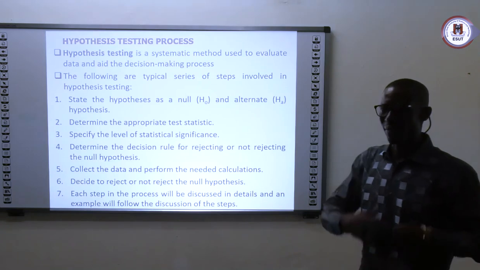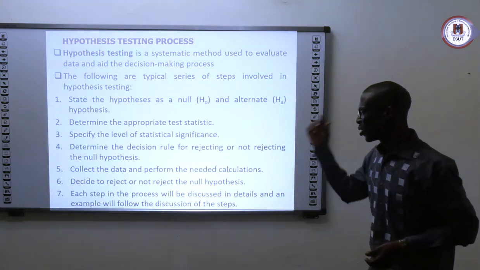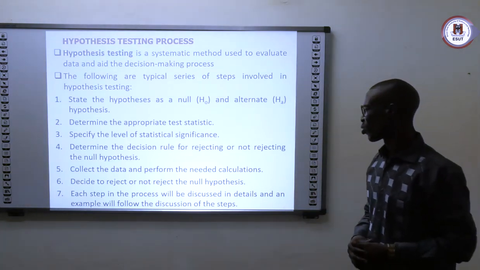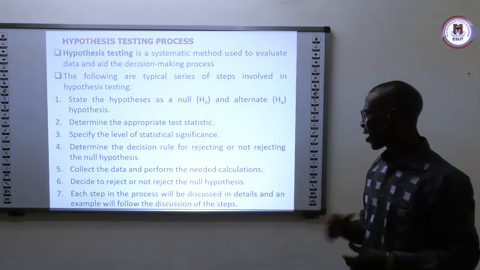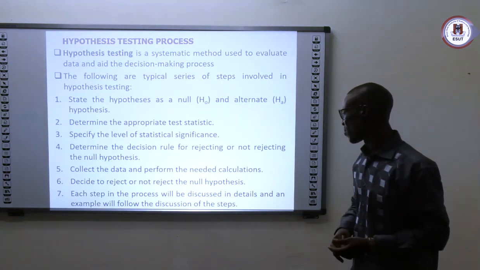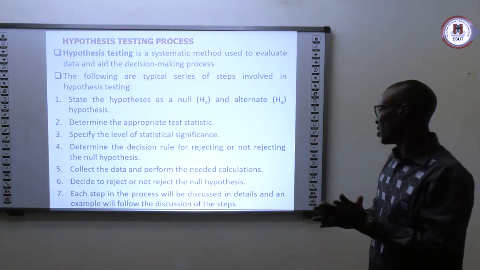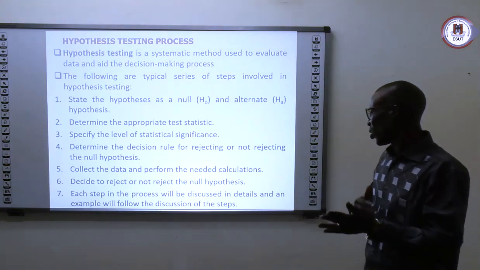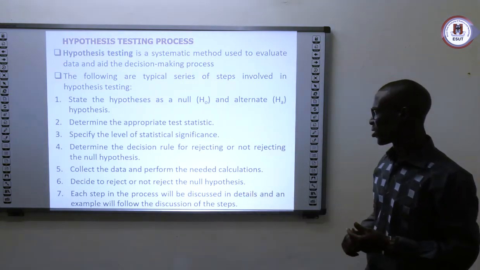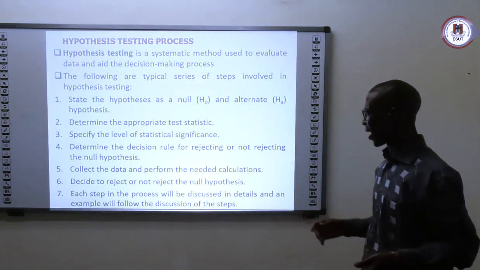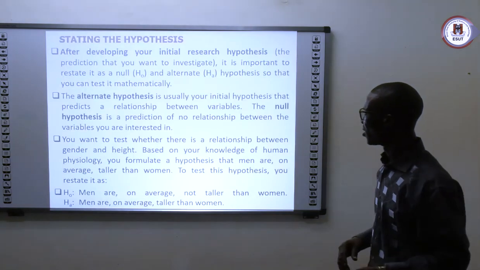What data do you have? How do you calculate it? So the sixth is the decision to reject or to accept the null hypothesis. And the seventh is the process of discussing in detail an example or prediction or forecasting using the decision you achieve to make an informed decision.